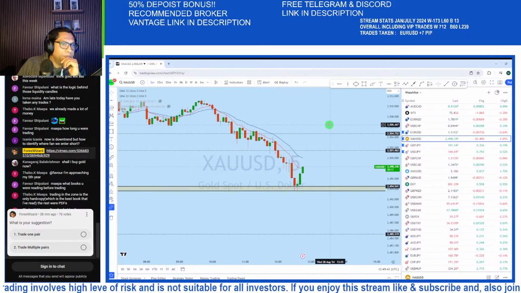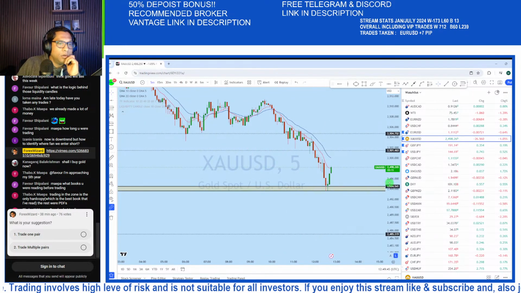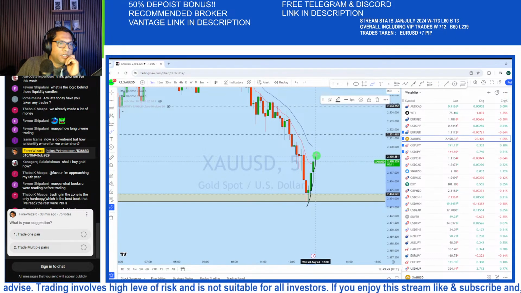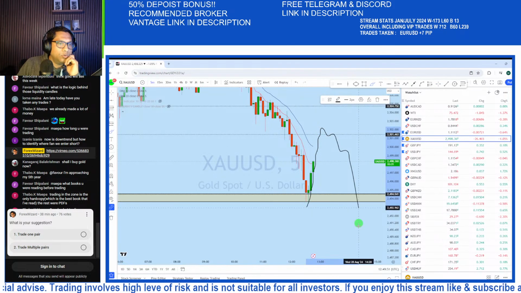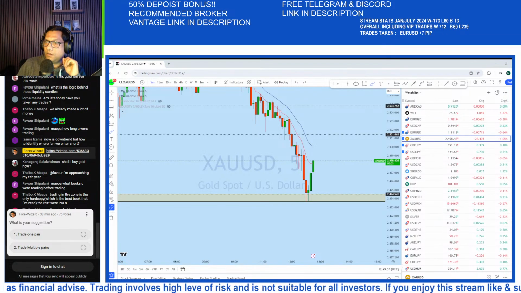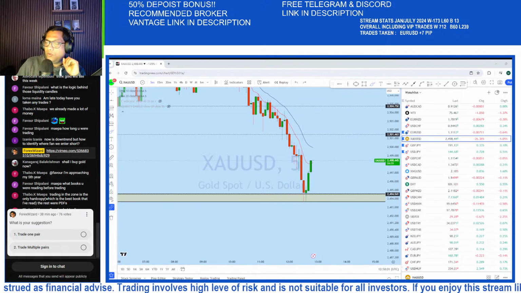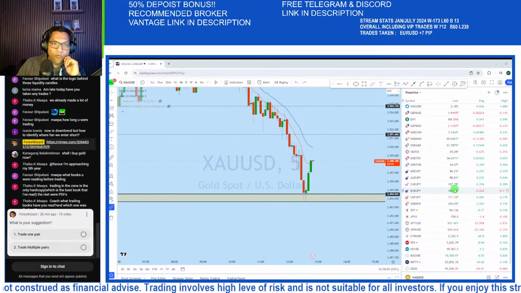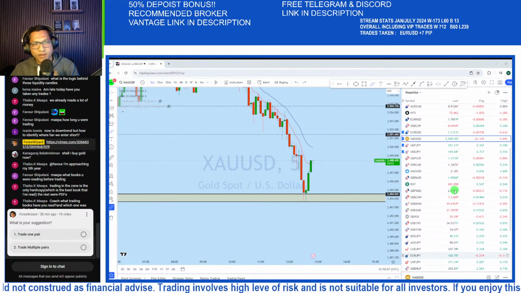This move on gold is currently heading to the upside, and I'm expecting it to go back to that level and then drop again. We still have some time to trade and to go for another one as soon as you find it.